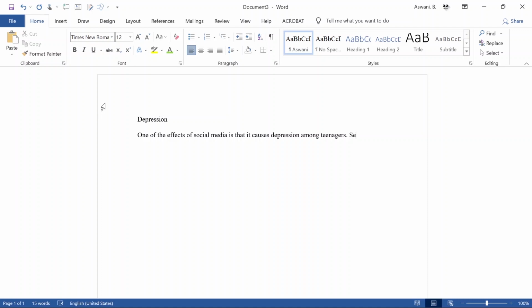So sentences 2, 3, 4, 5, and 6 will be doing what we call explaining the idea from multiple perspectives and providing examples where possible.